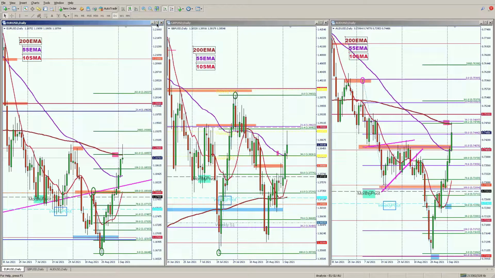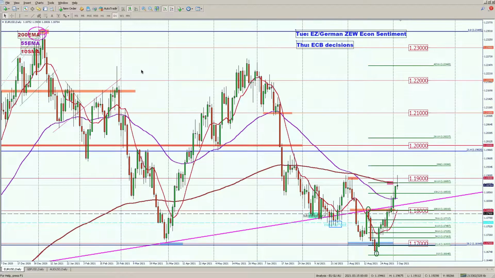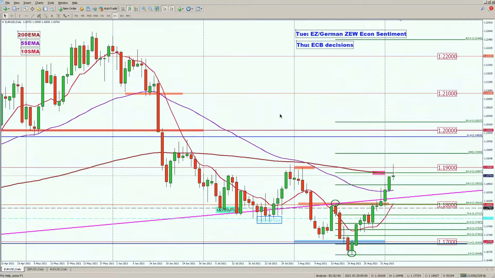Let's start with the euro, and it has punched through the daily 200 EMA, but then pulled back to close below that, just above this 162 fib extension.